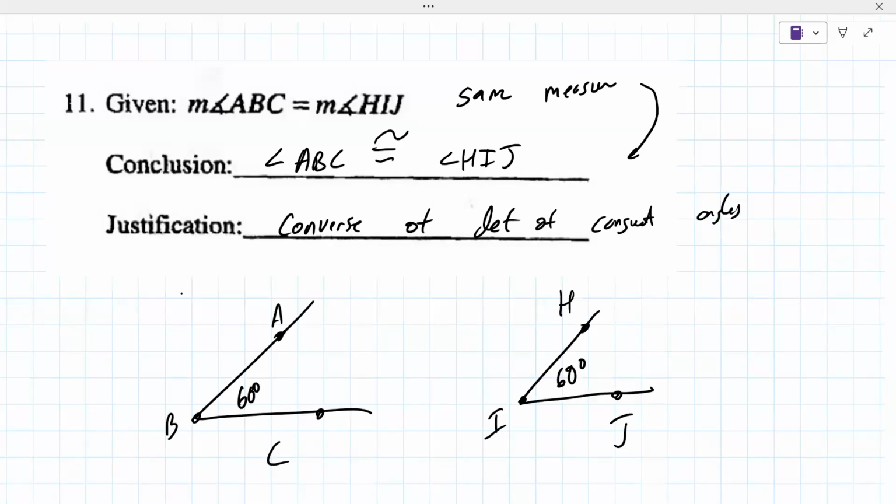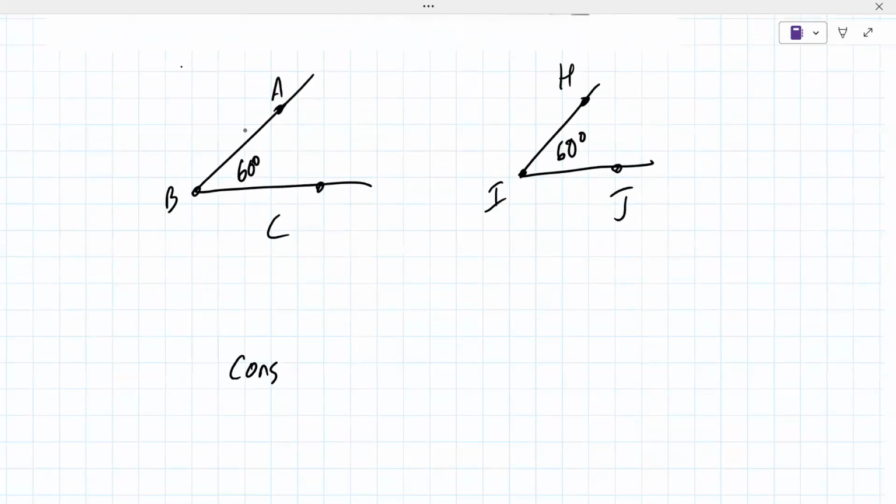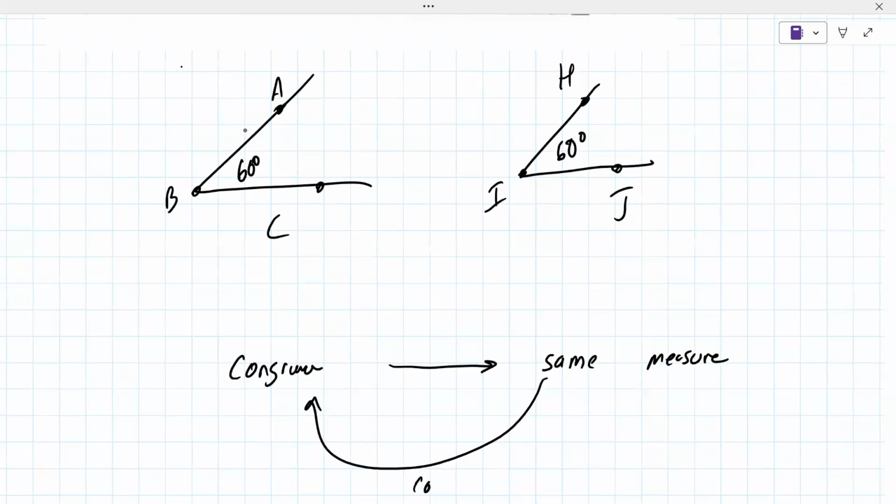So if you go back to like a previous problem, I guess we didn't do any of those, but normally it's that congruence leads to same measure. So when you go backwards, it's the converse.